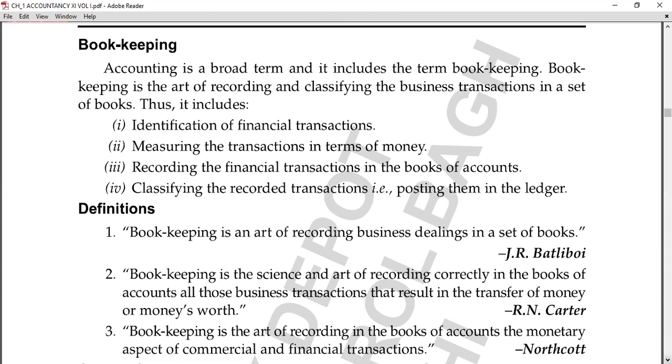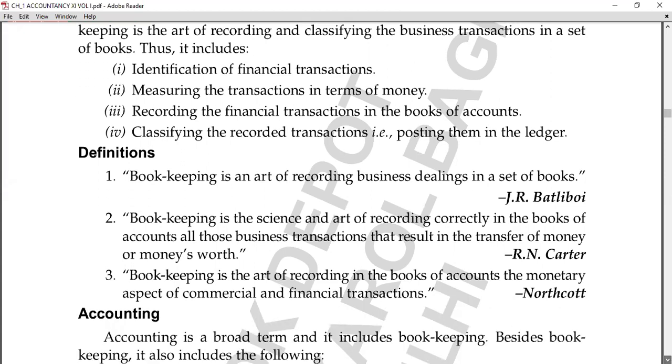Bookkeeping is a part of accounting process as it involves the initial stages of accounting.